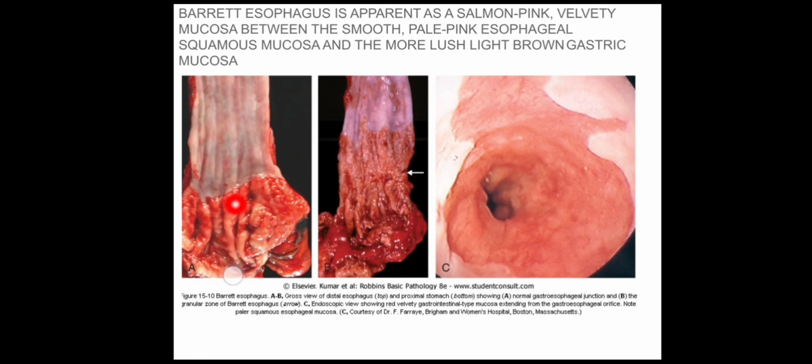Usually there is a sharp demarcation between both at the lower esophageal junction. But what happens here in Barrett's esophagus, you can see some creeping velvety mucosa, slightly like salmon or fish flesh in color, and the lining also becomes irregular. And here you can see a lush light brown gastric mucosa.